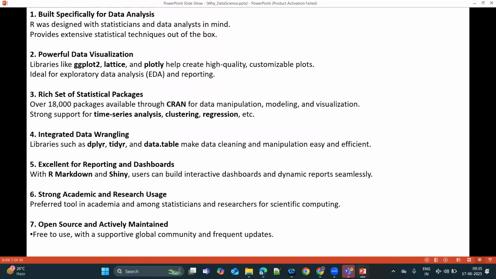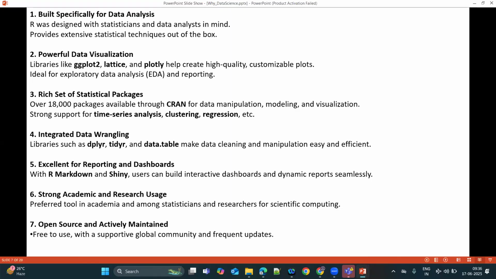Where we use R is for data analysis and data visualization, like ggplot2 and Plotly, and for statistical packages, data wrangling, reporting and dashboards, and for academic and research usage.